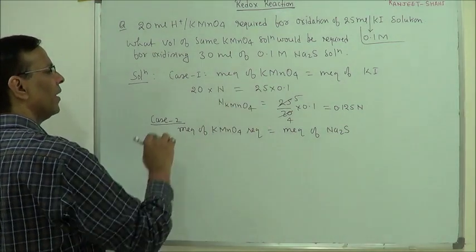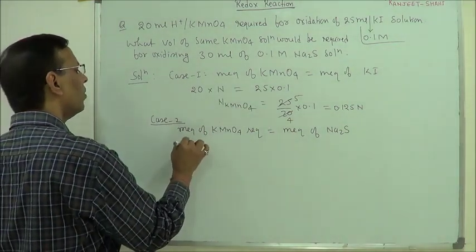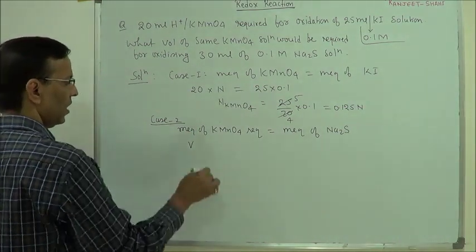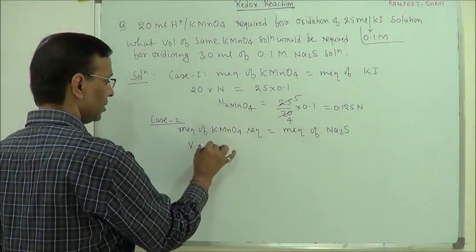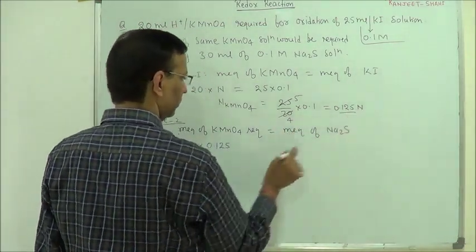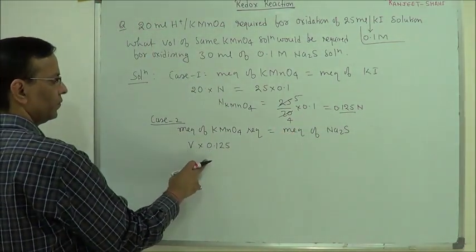Normality of permanganate is now known. So let the volume of potassium permanganate be V, multiplied by normality 0.125.